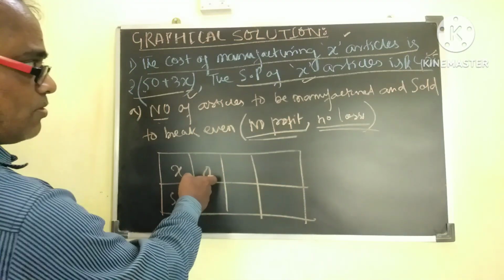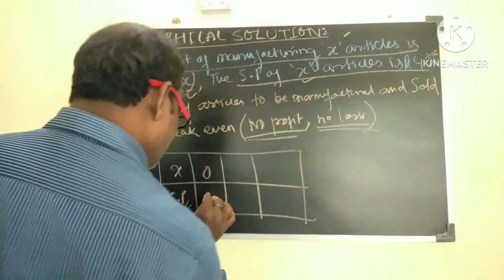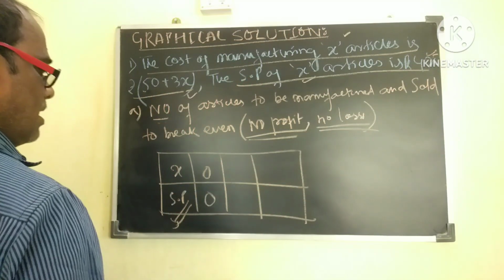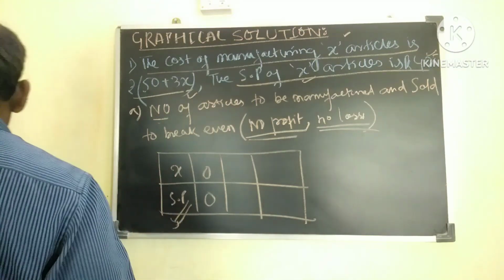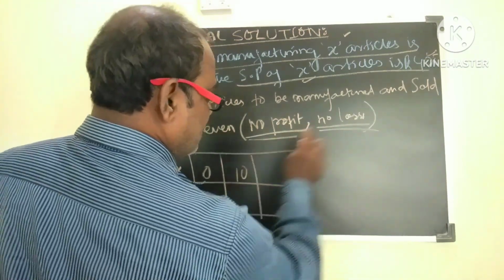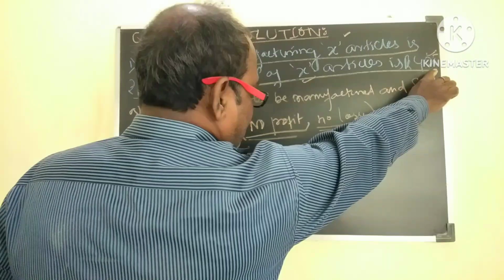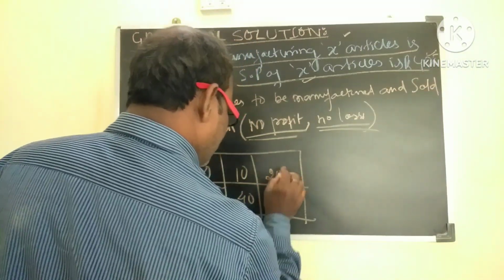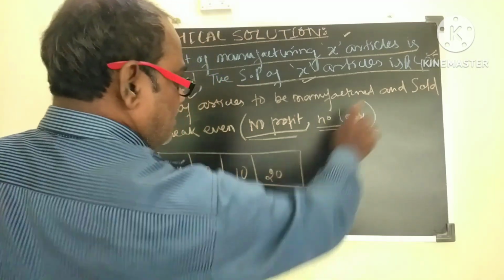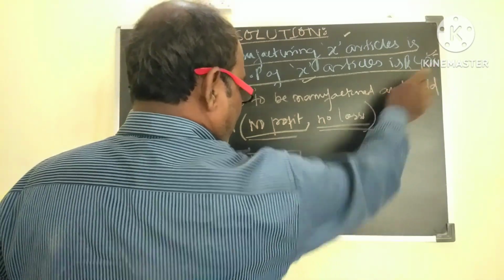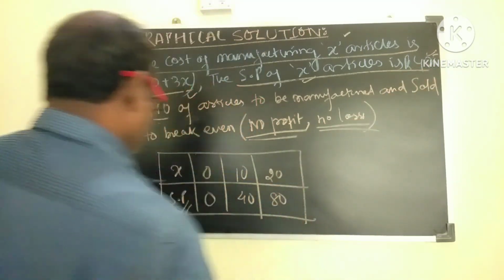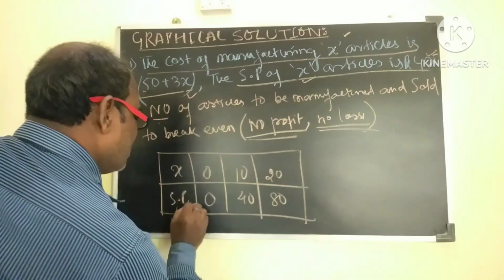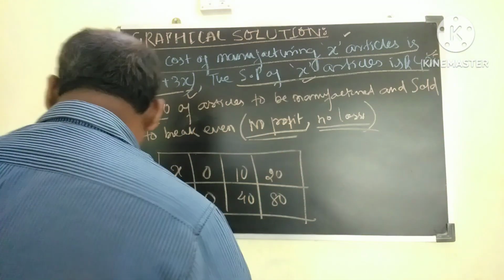When X, the number of articles, is 0, the selling price is 0. When X is equal to 10, the selling price is 40. When it is 20, the selling price is rupees 80.